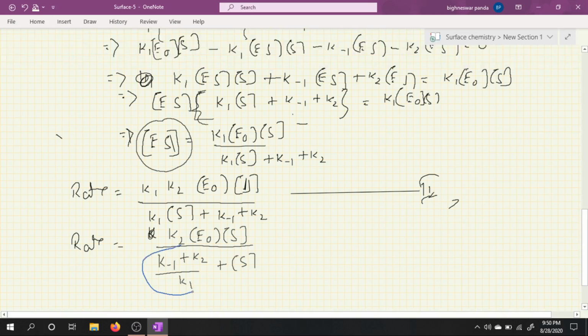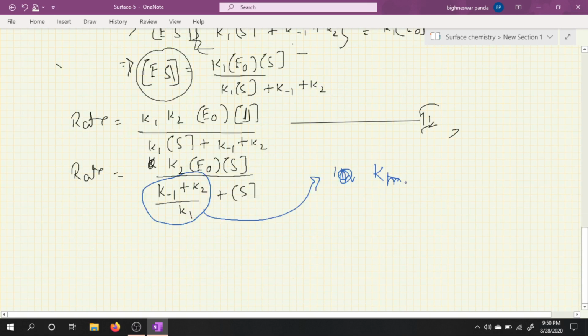This whole constant I can write as Km. So rate is equal to K2 E naught S divided by Km plus S.